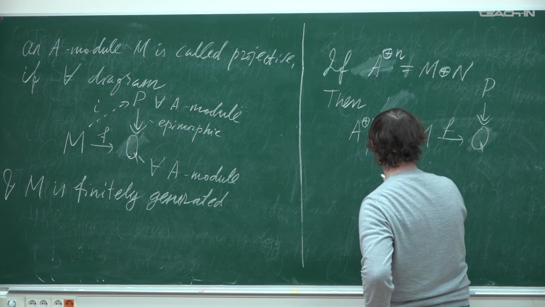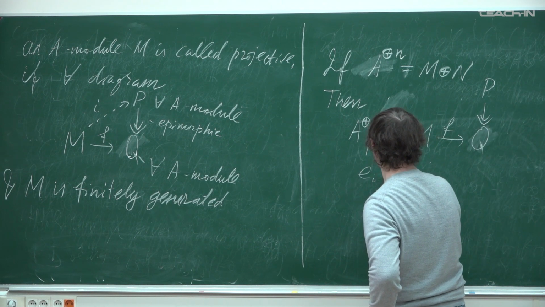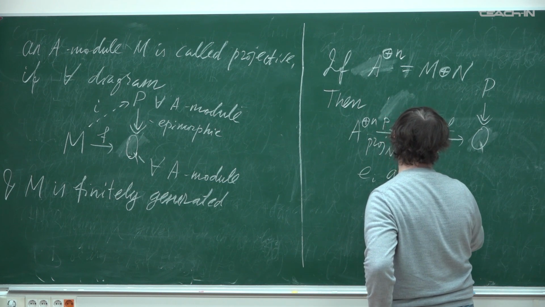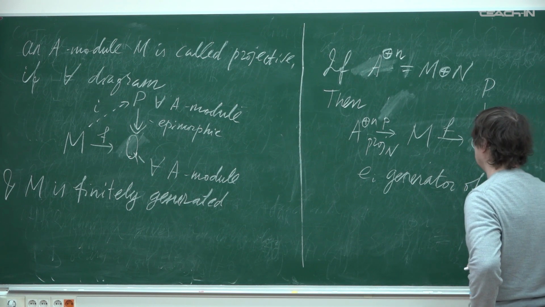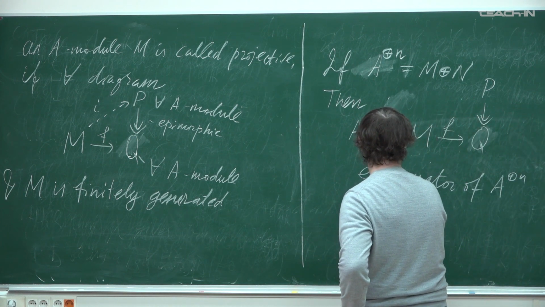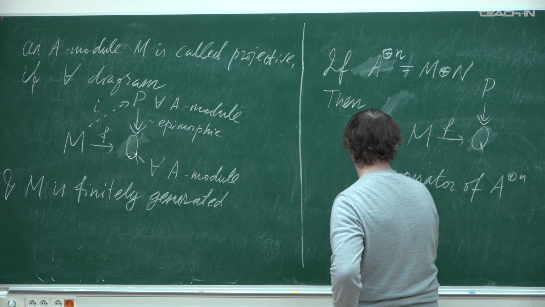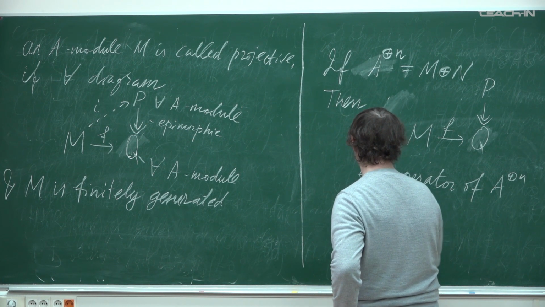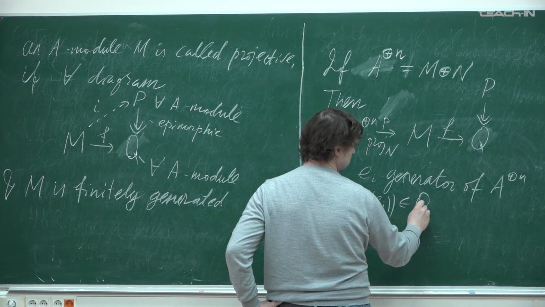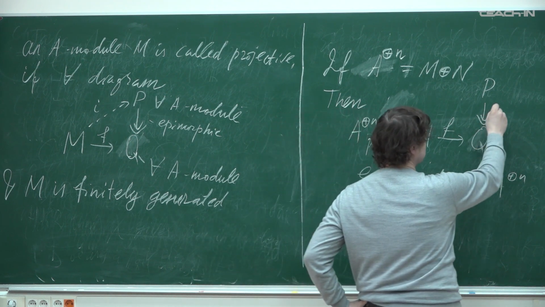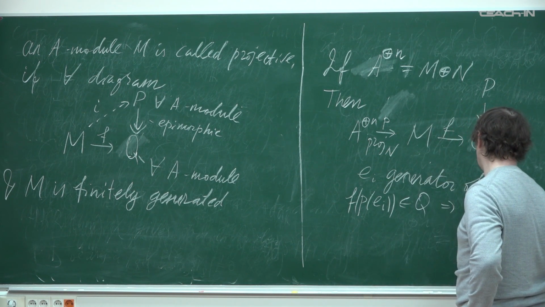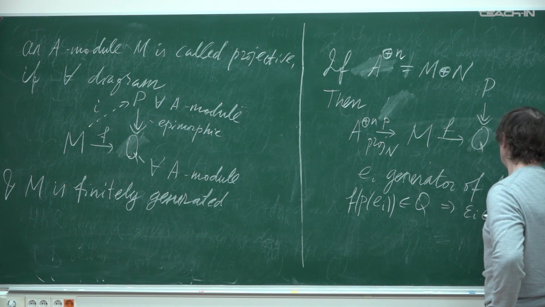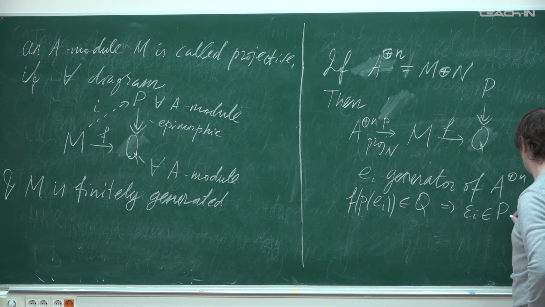For every generator e_i of A^n, we have the composition of these two maps in Q. And since this projection is epimorphic, there exists some element epsilon_i in P which projects into it.